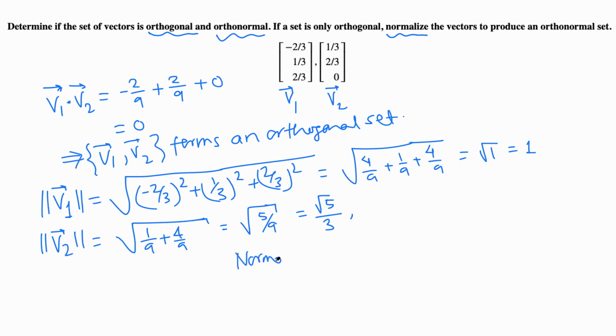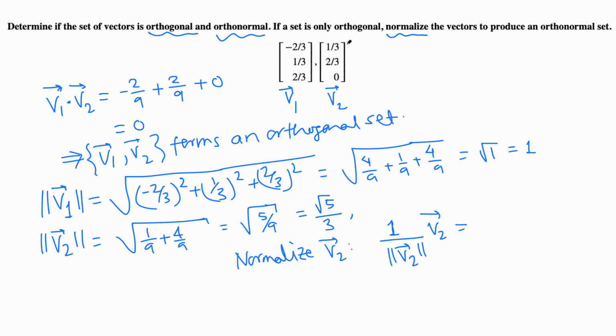So normalize v2. That means we divide each component by the magnitude, or multiply the vector by 1 over the norm of v2. Let me write down v2, where we need to divide each entry by this magnitude.